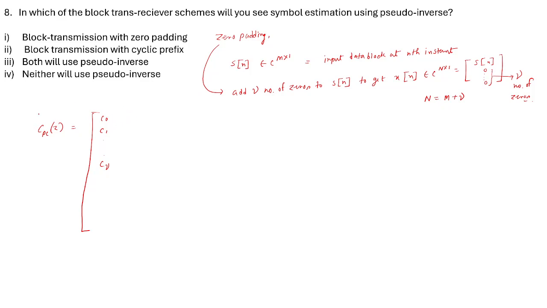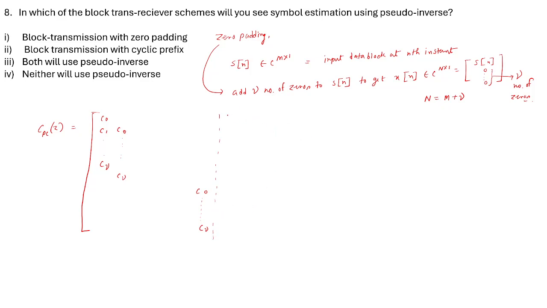This channel representation is a pseudo circulant matrix, pseudo circulant because it just gets shifted by one unit. C mu comes here, C0, C mu. We are creating a dotted line here. We'll explain the reason in a moment.